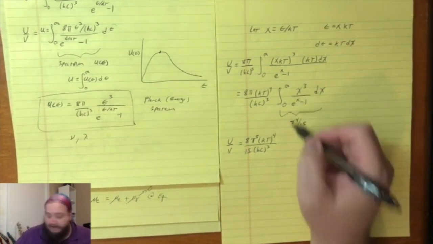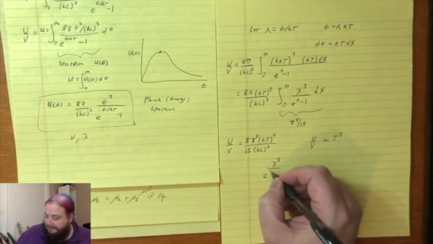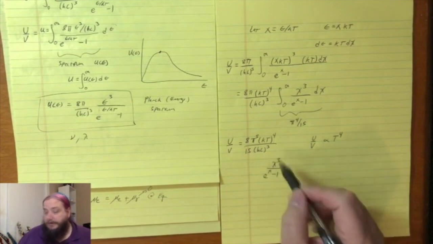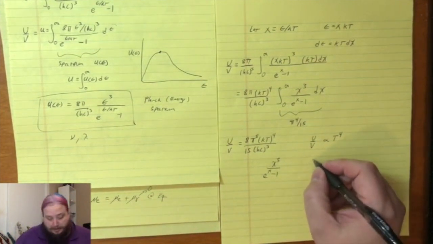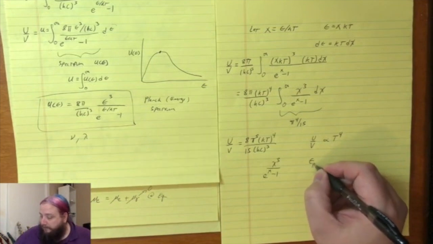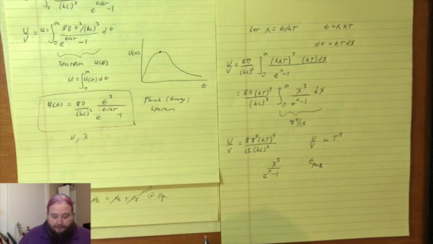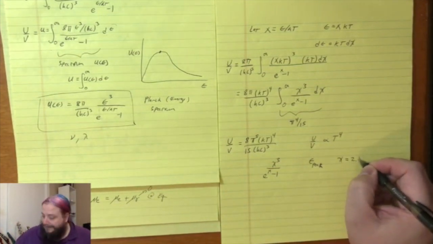This integrand here, x cubed over e to the x minus 1, is pretty simple. Just take the derivative of this and set it equal to 0 to show that the spectral peak happens at x equals 2.82.